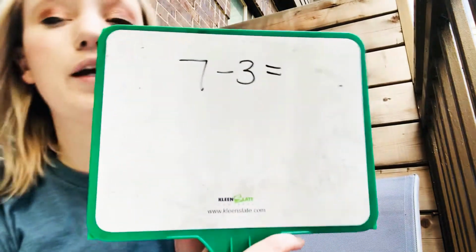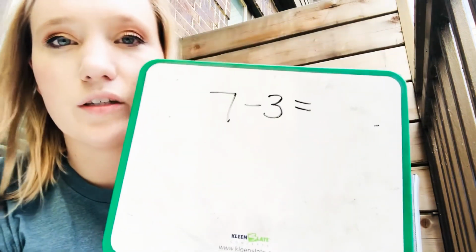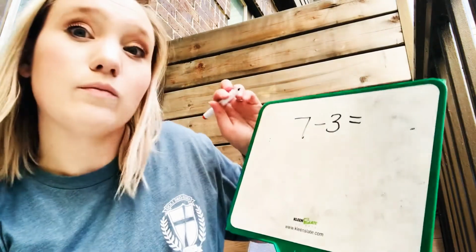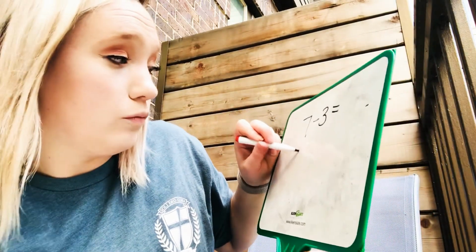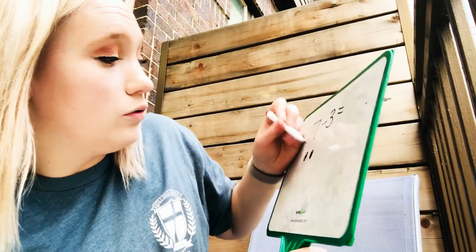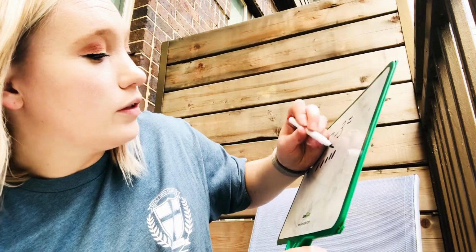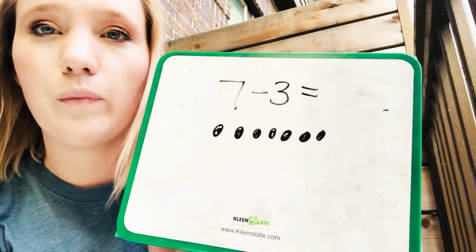Let's do one more problem together, and then you will work on some subtraction on your own. So we're going to do 7 minus 3, and I'm going to do something different. I'm going to draw a picture, and I'm going to subtract from my picture. So I'm going to say I have 7 dots. So I'm going to draw 7 dots, and I'm going to count them. 1, 2, 3, 4, 5, 6, 7. So 7 dots, okay?